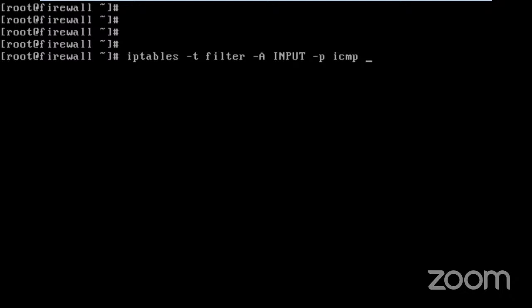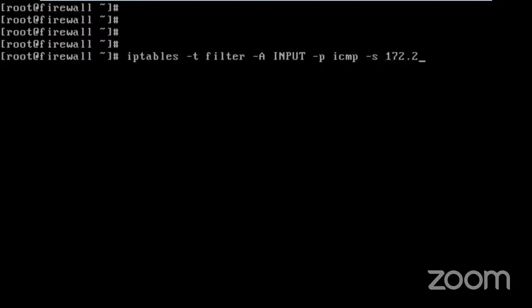Please remember this ICMP or ping command does not work on any port because this is not a server. It is just a messenger protocol. So you have to just specify the protocol ICMP you want to block, and automatically the ping command will get blocked.